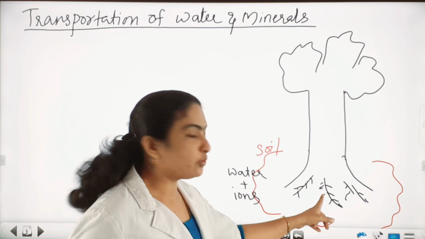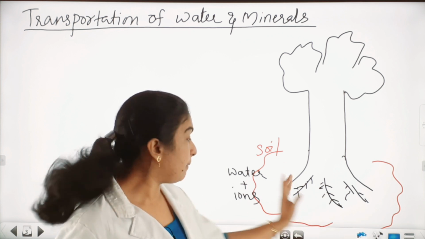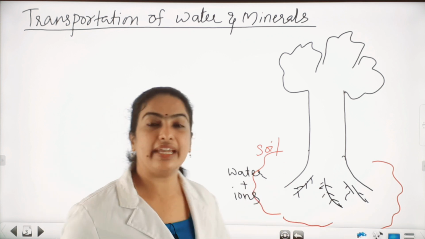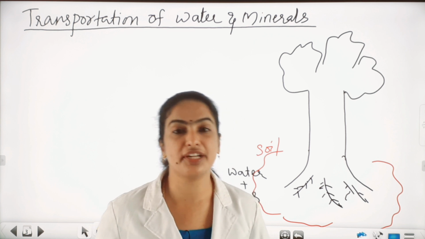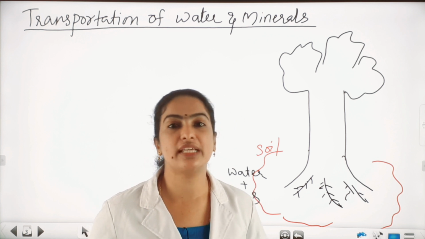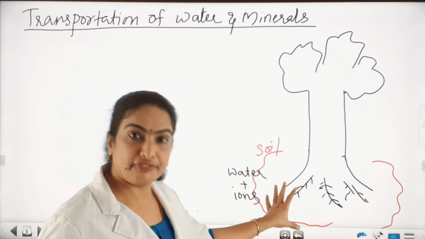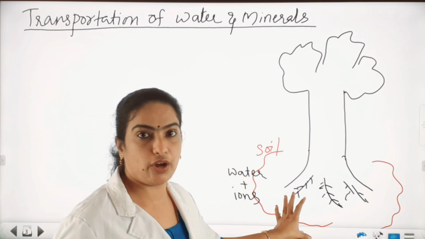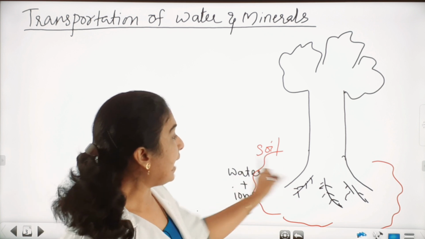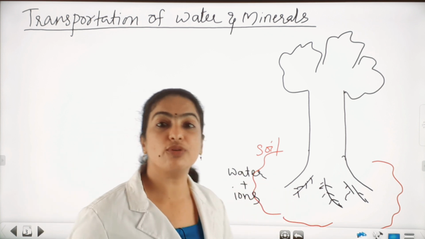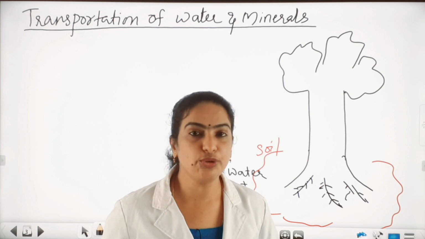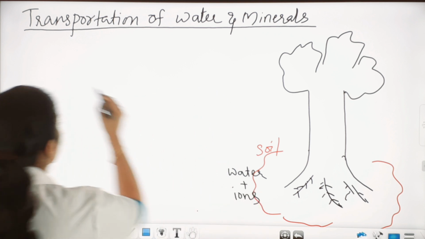So normally the root cells take up ions from the soil. So that creates a difference in the concentration of ions in root cells and soil. So to eliminate such a difference in the concentration of ions, water enters into the root cells through the process of osmosis. So you know what is osmosis. What is osmosis?